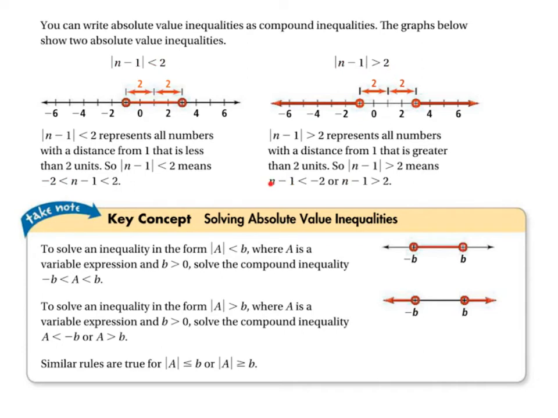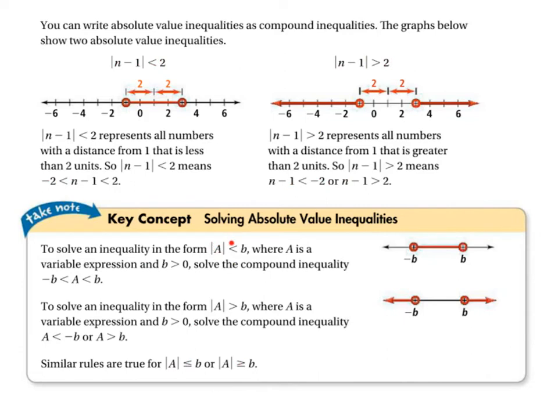You say n minus 1 without the bars, switch the direction of the inequality, and also switch the number. So when you make this second time you make that negative, that's the time that you've got to switch it, okay? And we'll work some problems like that. So, and it works also, this is just a note saying what we just said, and also that it works the same for if it said or equal to, okay?